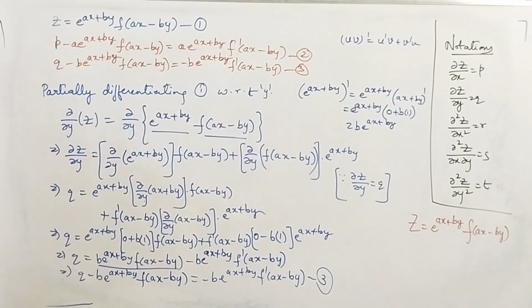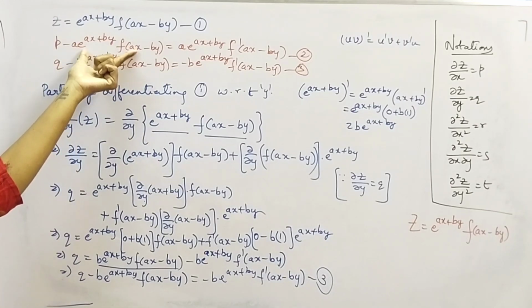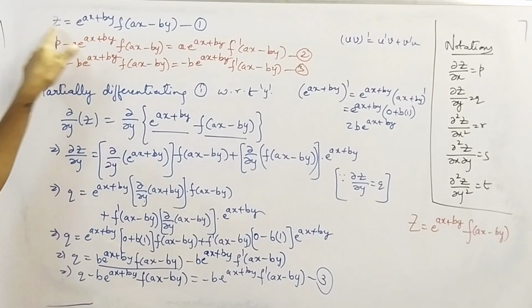Now observe 2 and 3. By observing 2 and 3, we can say that we can eliminate f dash using 2 by 3, and later we can just replace e power ax plus by into f of ax minus by using this z by 1. Okay, let's see.